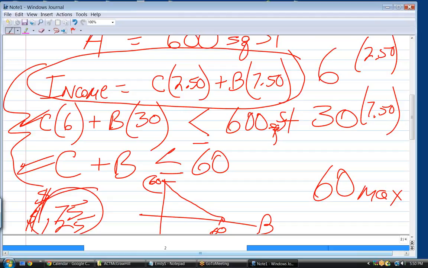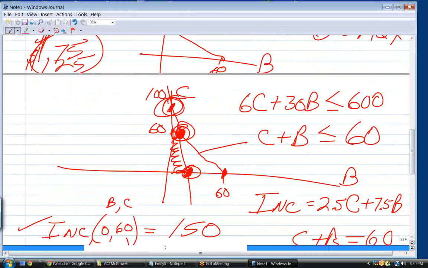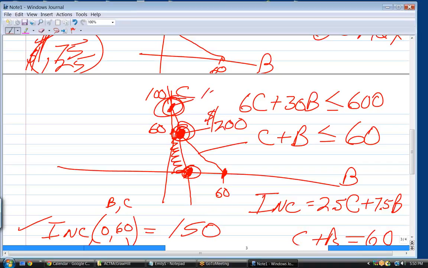That's $200. That's the answer. Awesome. In other words, that point right there produces $200 in income. This point here produces $150 in income. Or actually, it's this point, 60 cars and no buses.